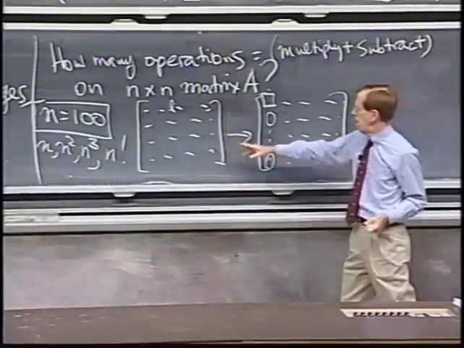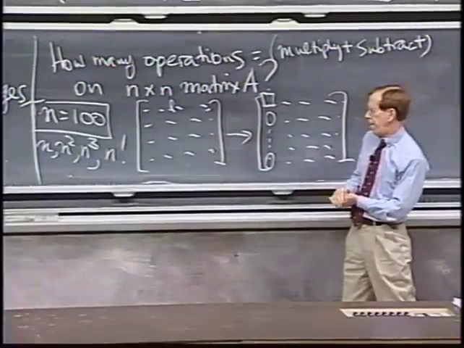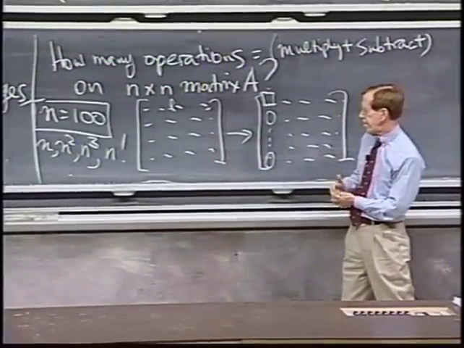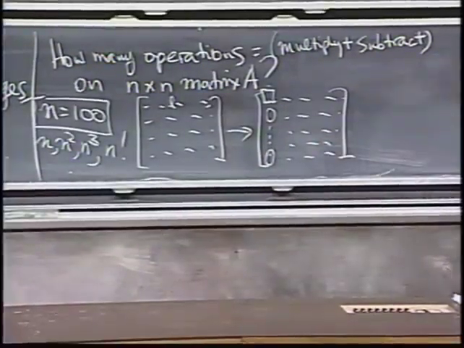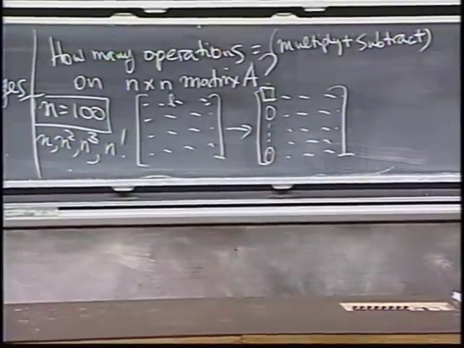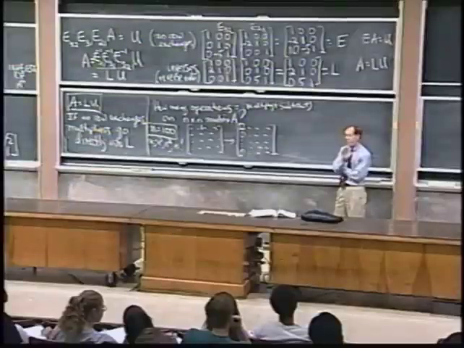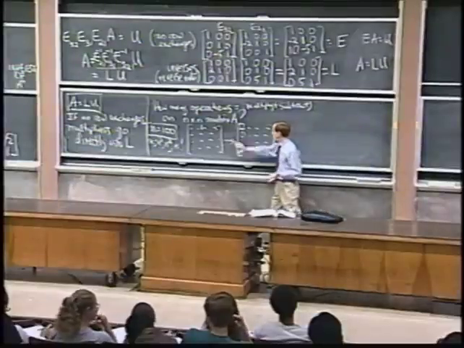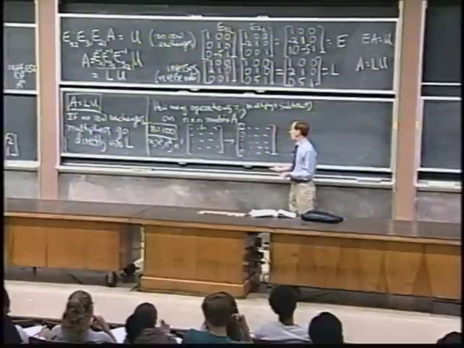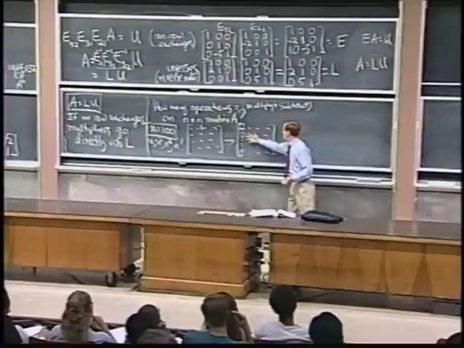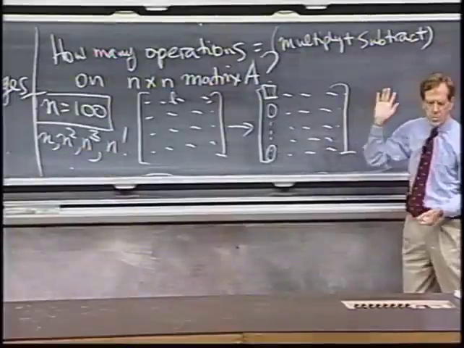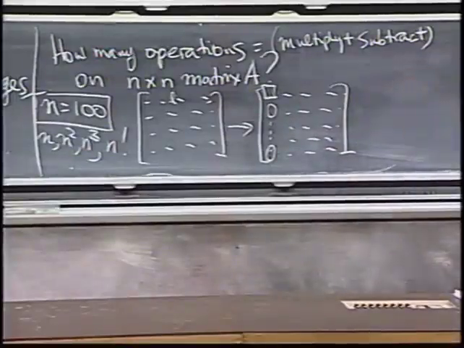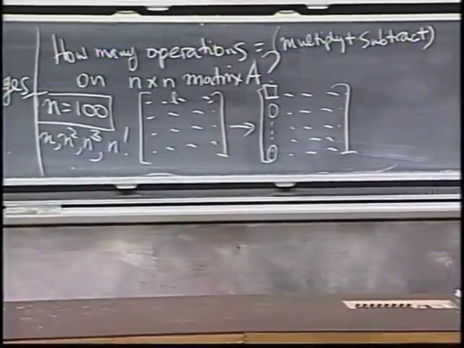So, I think, let's see, it's about, well, how many roughly? How many operations to get from here to here? Well, maybe one way to look at it is all these numbers had to get changed. The first row didn't get changed, but all the other rows got changed at this step.